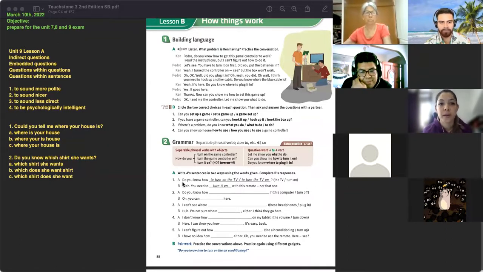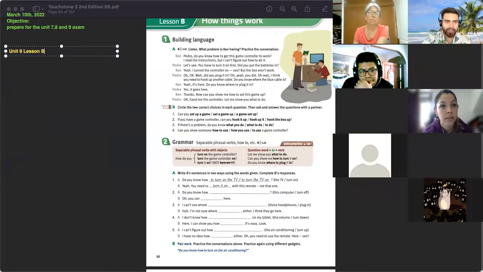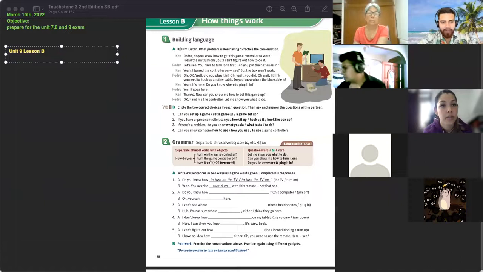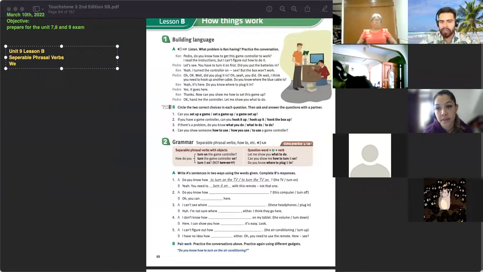Okay. Page 88. Unit 9, lesson B. Here, some more phrasal verbs. Oh my gosh, phrasal verbs back to back. Separable phrasal verbs. Okay, in this case, the phrasal verbs that we used are for technology.